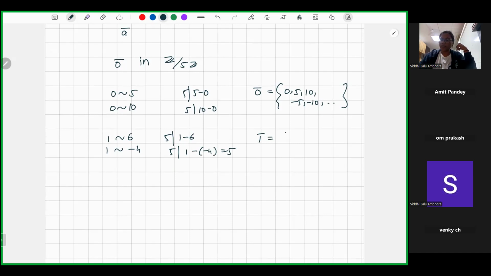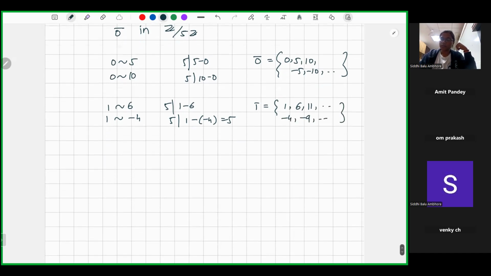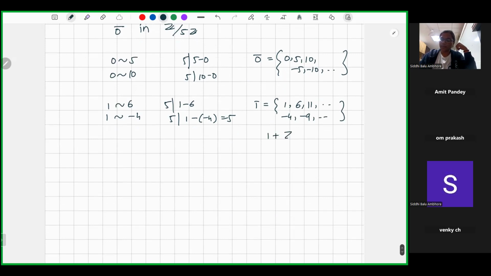So 1 bar is the collection of all elements 1, 6, 11, and so on, 1, minus 4, minus 9, and so on. These are all elements of the form 1 plus 5Z. And these are all elements of the form 0 plus 5Z.